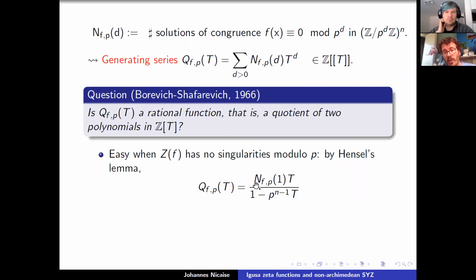That's this coefficient here, N_{f,p,1}. Then each of these solutions will lift to p to the power n minus 1 solutions modulo p squared. Each of those will lift again to p to the power n minus 1 solutions modulo p cubed, and so on. So our numbers N_{f,p,d} form a geometric series, and the generating series is given by this easy expression.